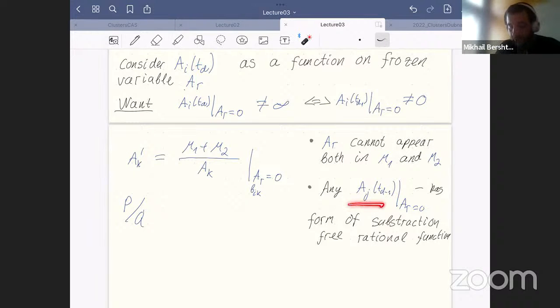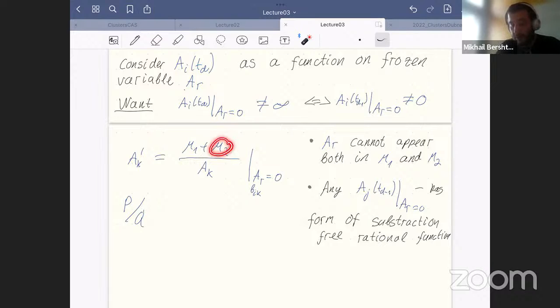And why I'm very interested in this: if M1 and M2 are both non-zero, then in the numerator we have a sum of two subtraction-free expressions for AR equals 0, which cannot be 0. So if AR appears in one of these terms, then for AR equals 0 this corresponding term vanishes, and we get some term which is not vanished, which doesn't have AR, and no other term vanishes when AR equals 0.